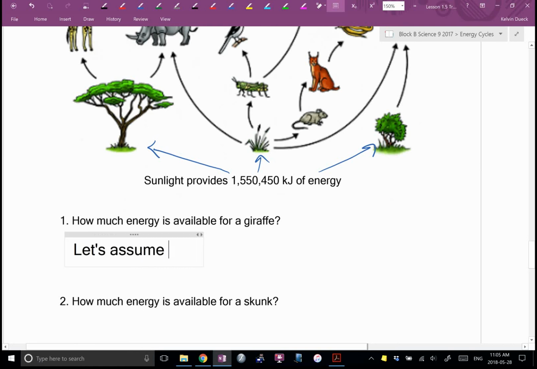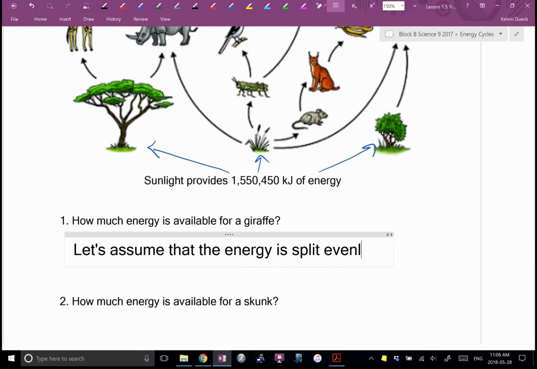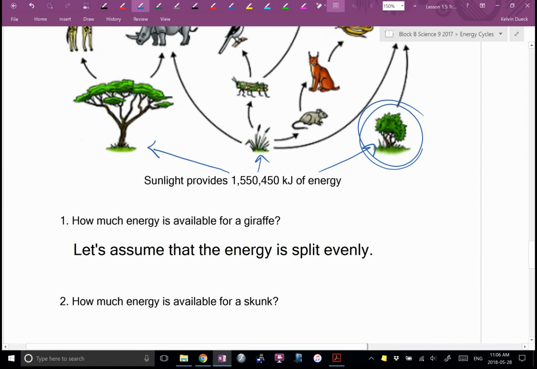Let's assume that the energy is split evenly. Now, if we were biologists doing research, we probably wouldn't have to make these assumptions. We would have a better idea of how efficient this bush is compared to the grass, compared to the tree. But how would you figure that out?